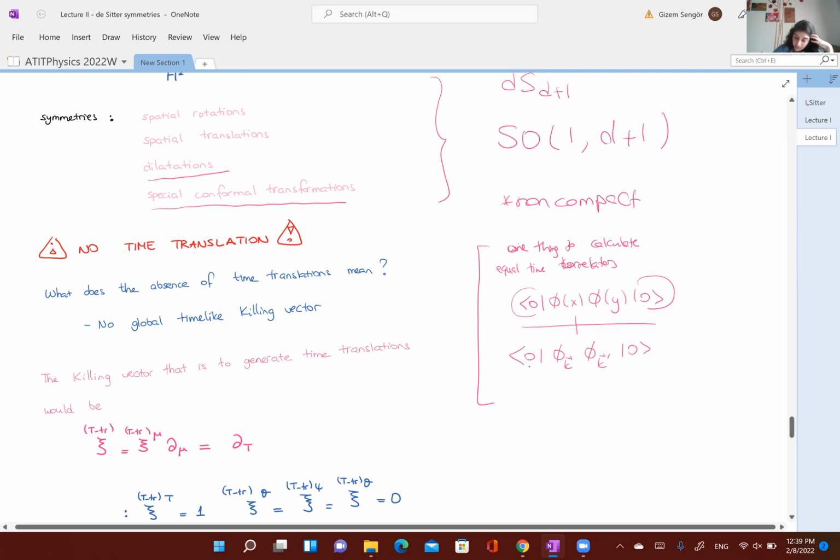But these are the type of things you calculate. And for observational reasons, you calculate these at late times if you want to match them with some observations.